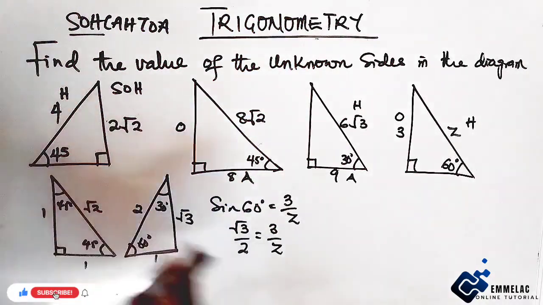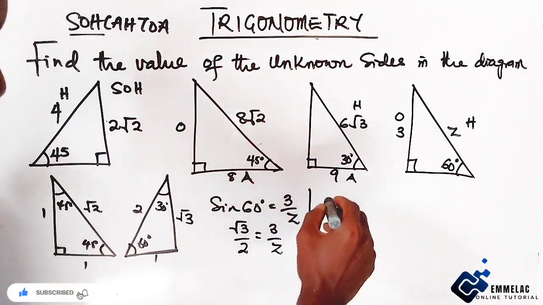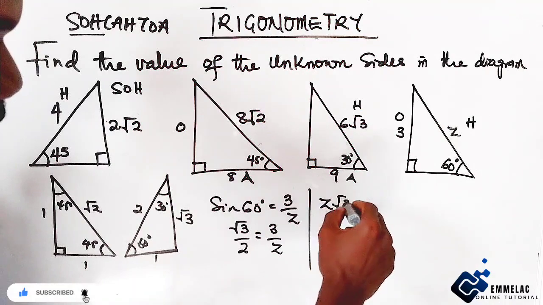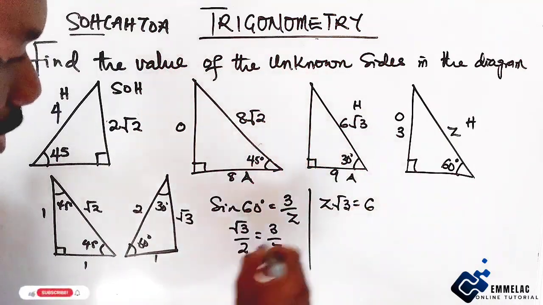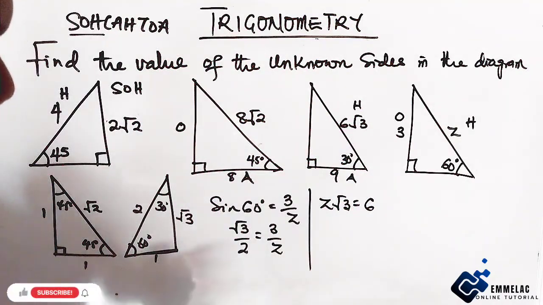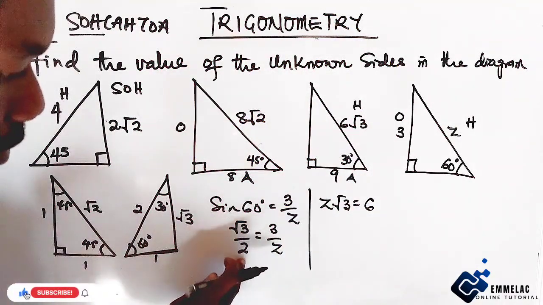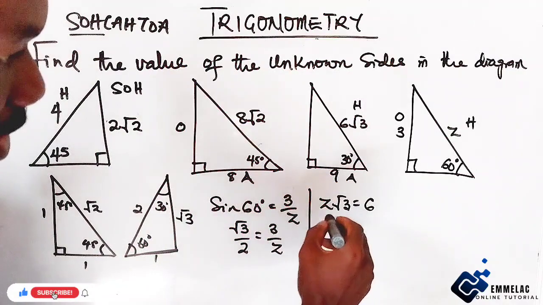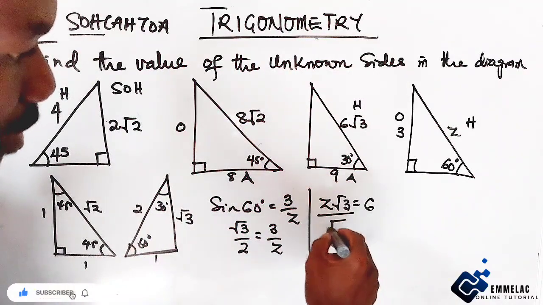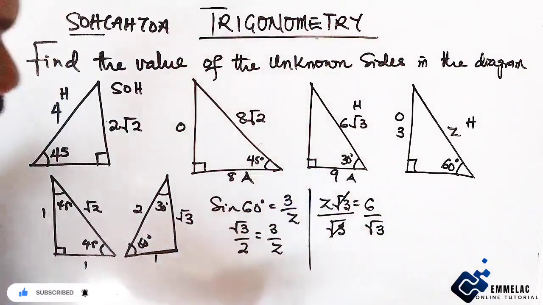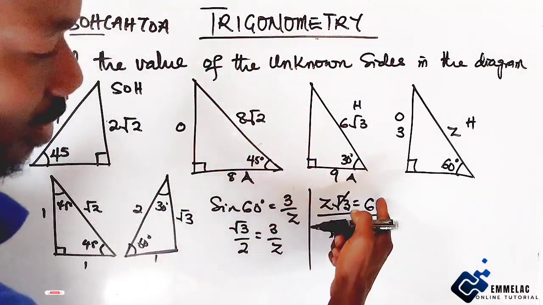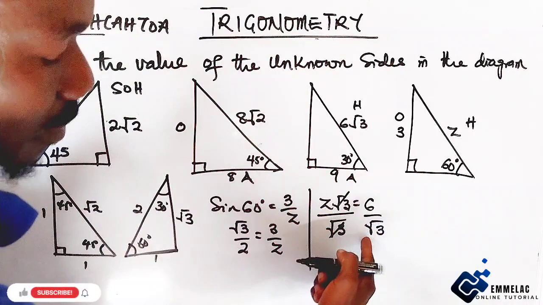Now when we cross multiply, we have z root 3 equals 6, that is 3 times 2. Now let us divide both sides by root 3 so that we get the value of z. So you can see that the value of z is 6 over root 3.